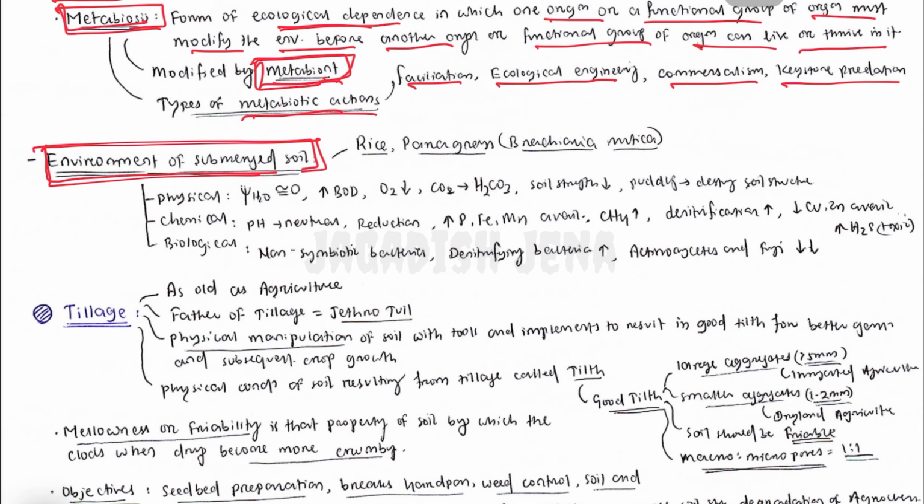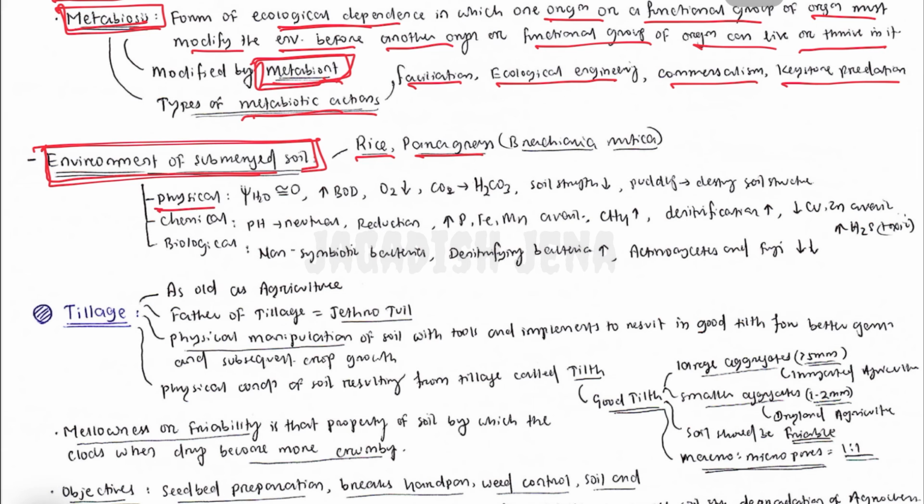Mainly we can grow rice and paragrass in submerged soil because they have developed parenchyma tissue, through which they can aerate themselves. It takes oxygen from the environment and feeds it to the root system so that root respiration can continue.